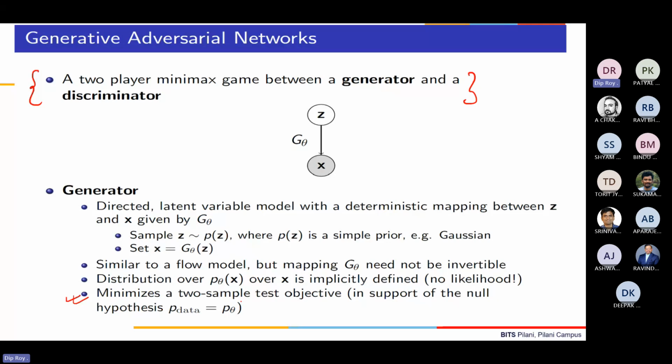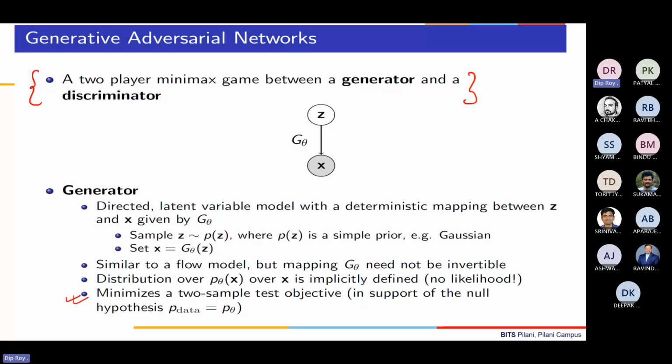So you remember your discriminator. What was your discriminator trying to do? The discriminator was trying to maximize the test statistics in support of the alternate hypothesis, which is P data not equal to P theta.